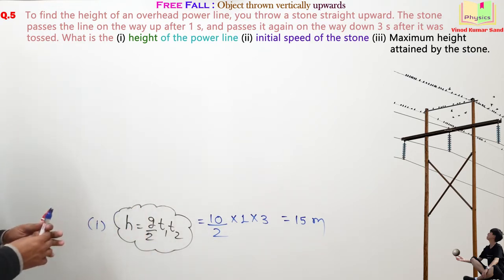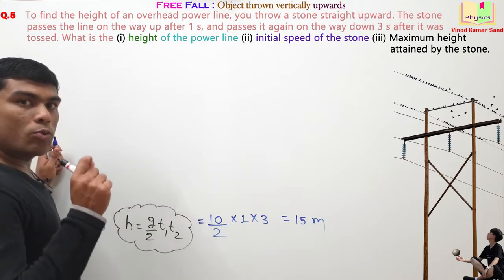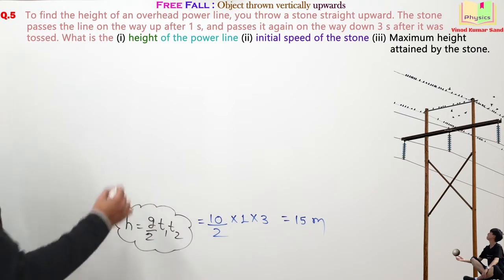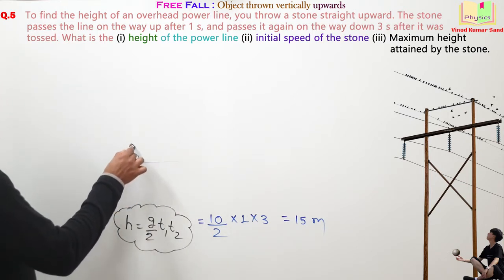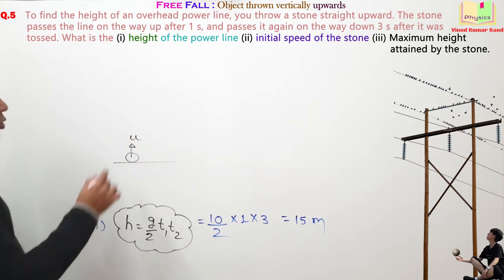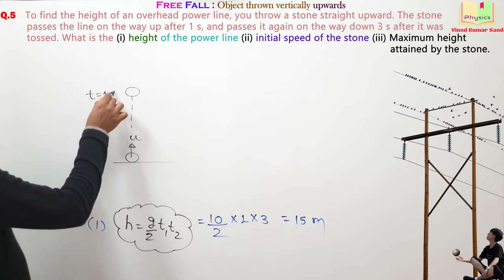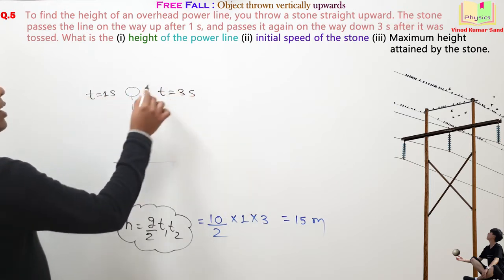Okay. The second part, what is the speed with which the stone was thrown up? That can easily be calculated. Try to imagine the diagram once. Suppose the stone is thrown up with the speed u. The stone crosses the power line at t is equal to 1 second and at t is equal to 3 seconds, while falling back.